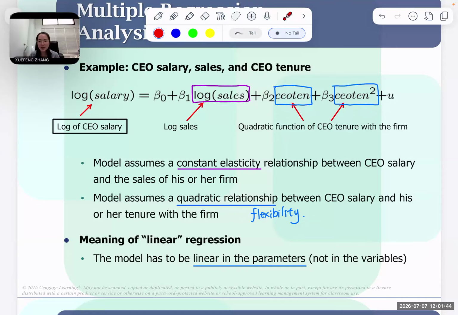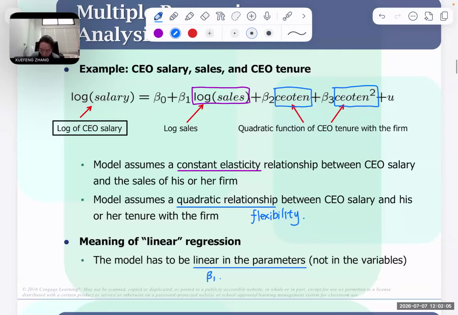It's the actual technical definition of linear regression, and it's why we can transform variables so freely without leaving the linear regression framework. Remember, linear regression means linear in parameters. The parameters here are beta 1, beta 2, and beta 3.